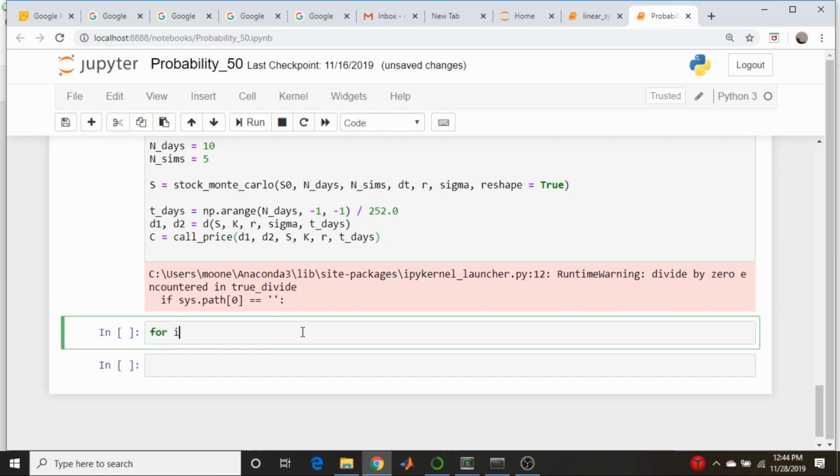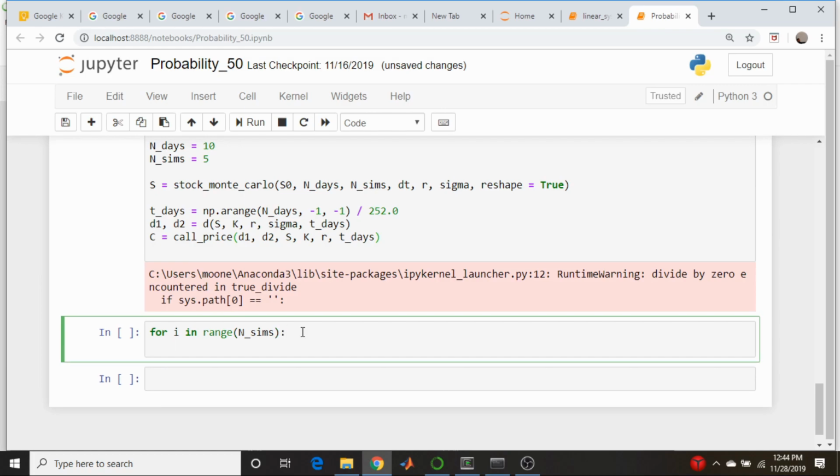So for i in range 0, comma, well, we don't need the 0. Let's just do n sims, plt.plot. Our call, each row, our call price is a C. Each row is a run.